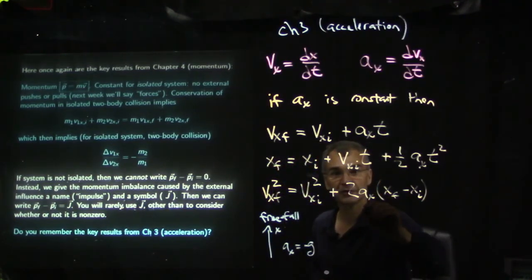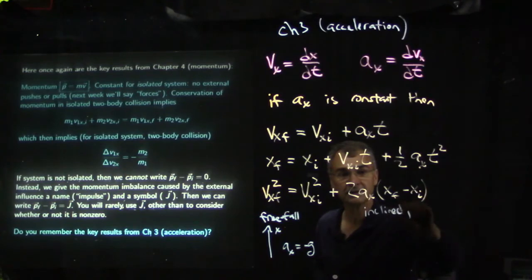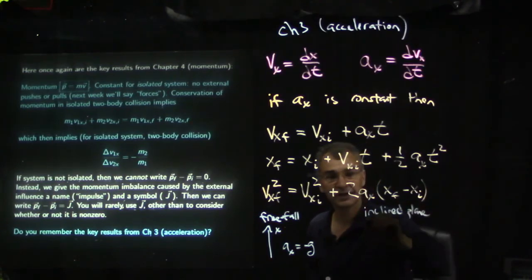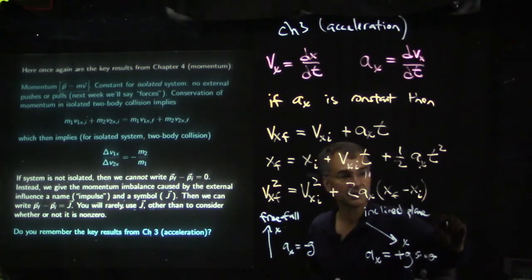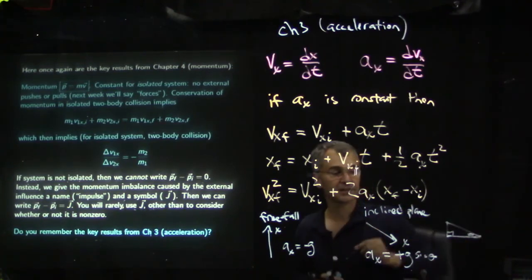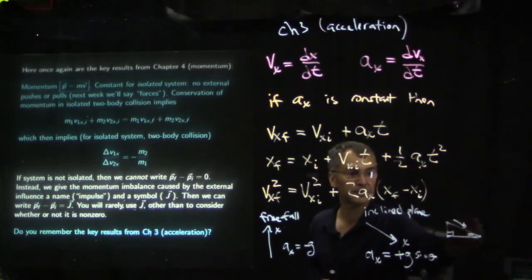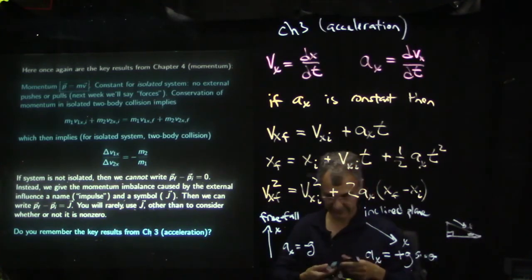And for frictionless sliding with negligible friction down an inclined plane, we have the x-axis points downhill, and a sub x is plus g sine theta, where theta is the incline angle.